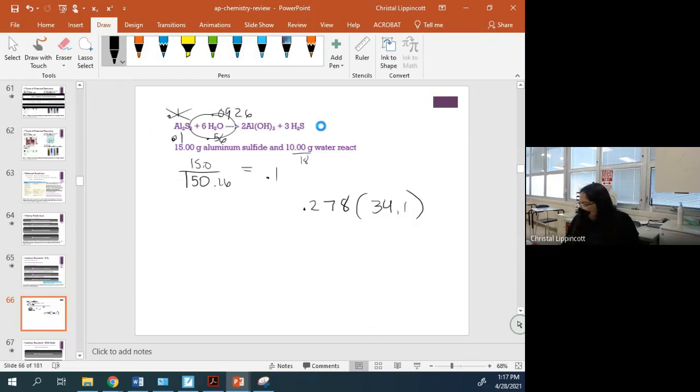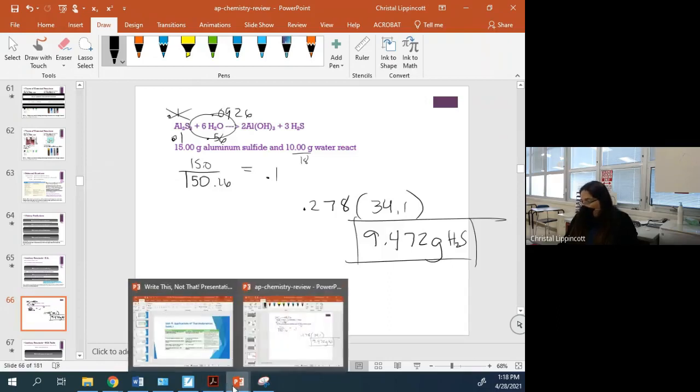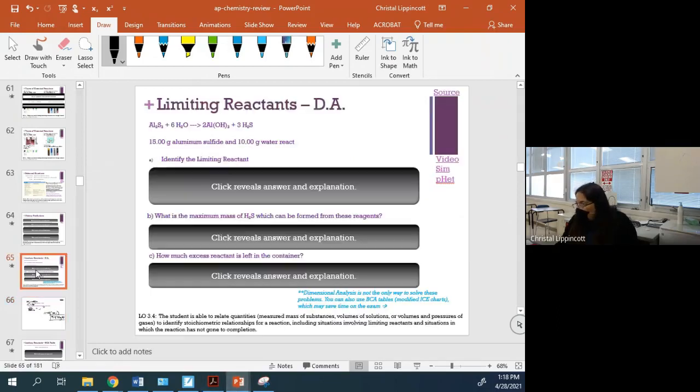I get 9.472, and we want to keep 4 sig figs. That's grams of H2S. Make sure that you are putting units on everything. If you put units on wrong, they mark it wrong, so be careful with that.